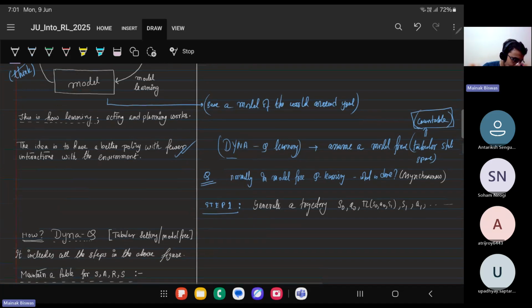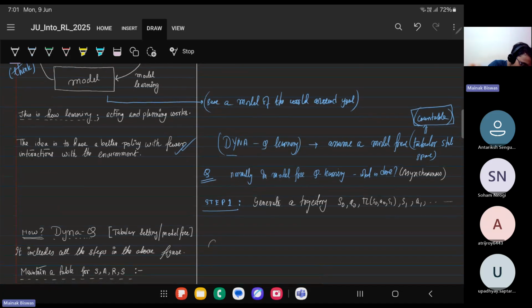Fine. So now for a particular state ST, I take an action AT, the reward is R(ST, AT, ST plus 1), and I go to a state ST plus 1.